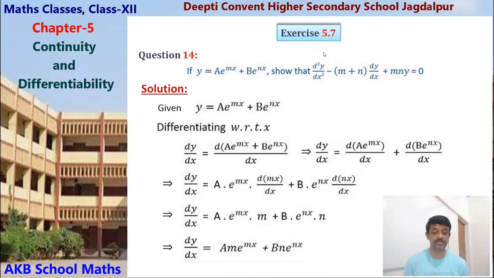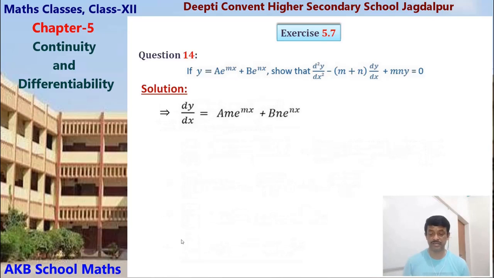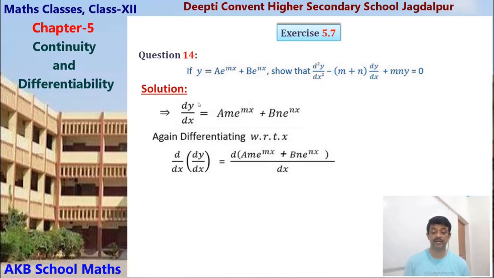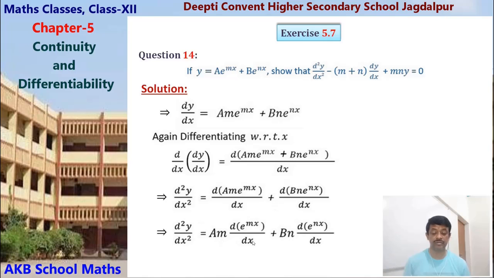Now we have to find the value of d2y by dx square. That is, differentiate again with respect to x. Here dy by dx equals this, again differentiating with respect to x. The left hand side is d/dx of dy by dx, equal to d/dx of the right hand side. Again differentiate term by term, with am and bn constants. Taking out am and bn, the derivative of e to the power mx is m e to the power mx, and of e to the power nx is n e to the power nx.